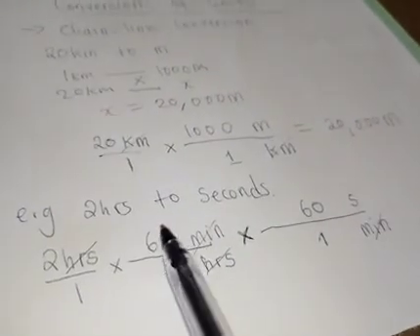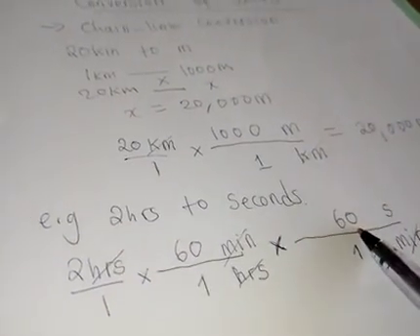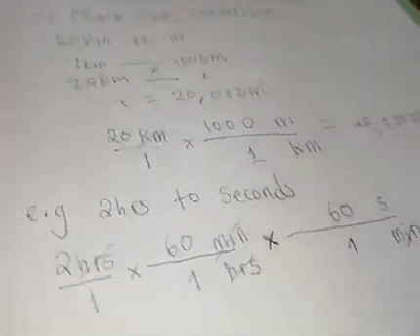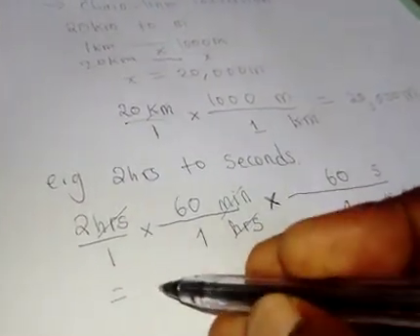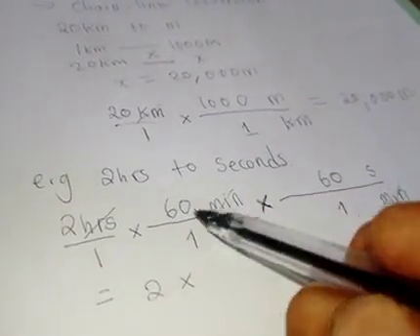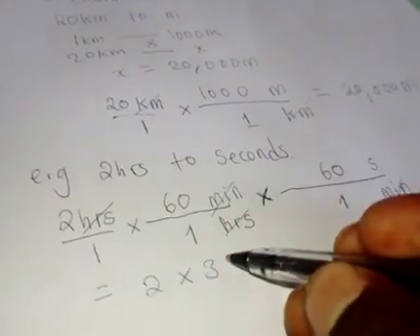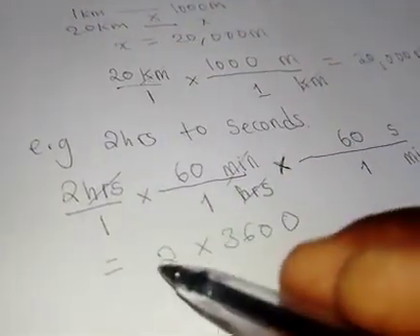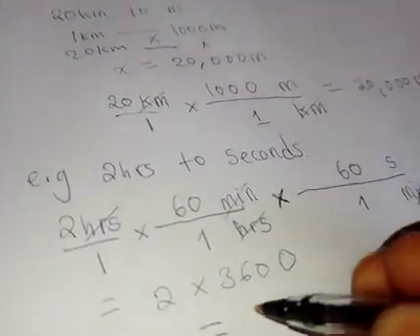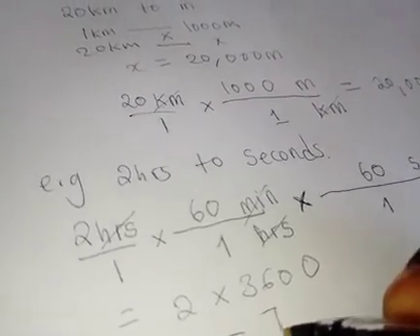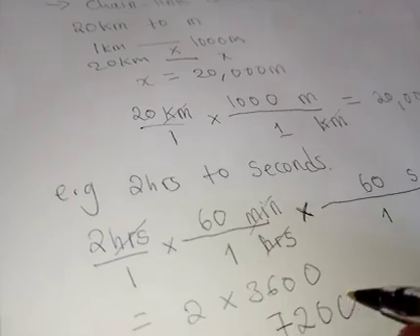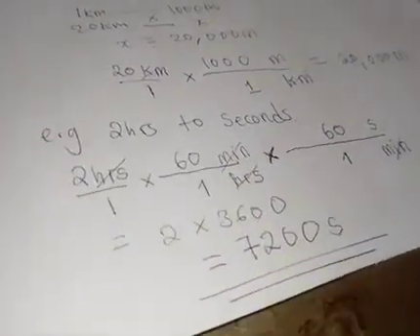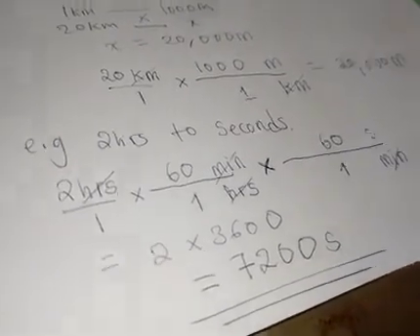So we'll say 60 times 60, which is 3,600. So here we can even say we have 2 being multiplied by 60 times 60, we said 3,600. Then 2 times 3,600, that is 7,200 seconds, and that is the final answer.